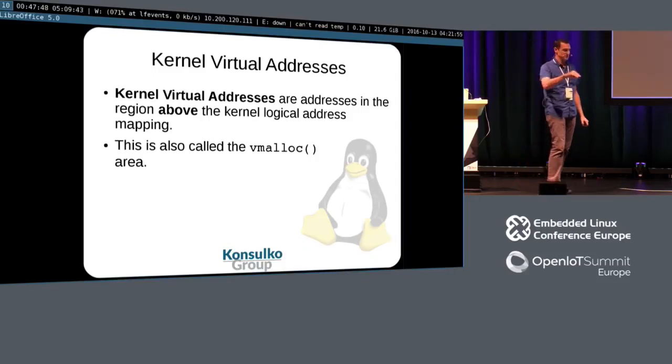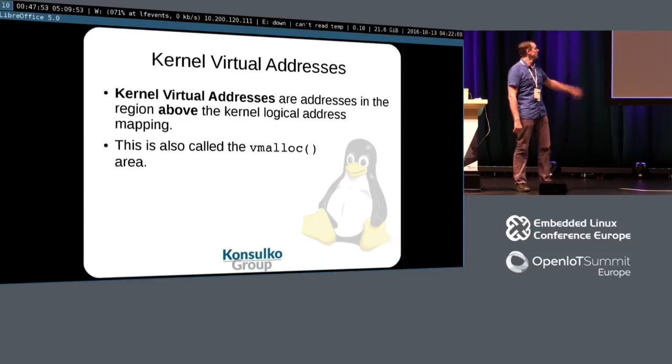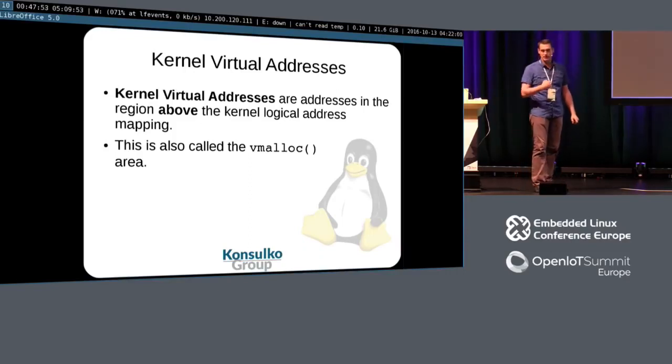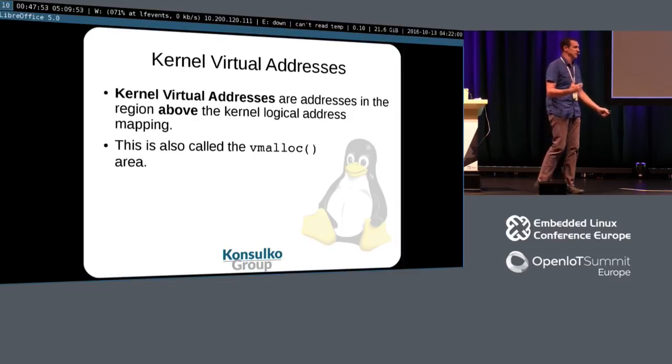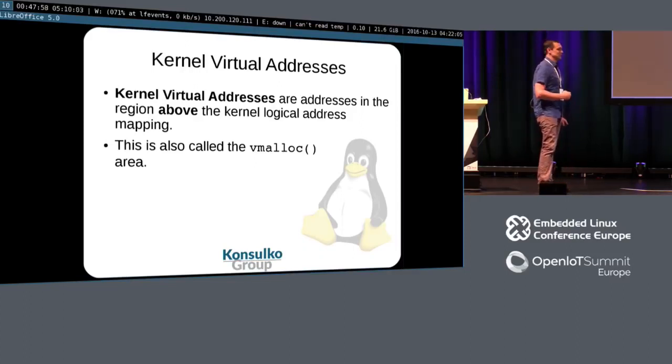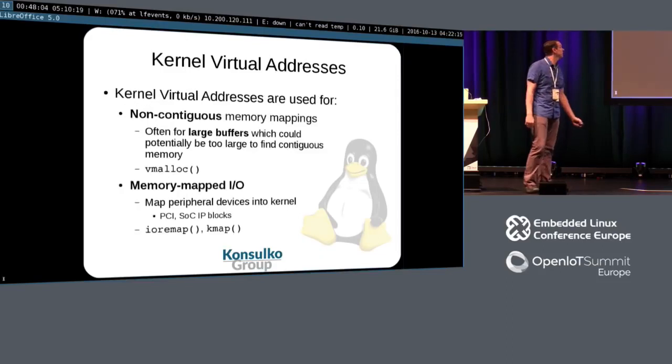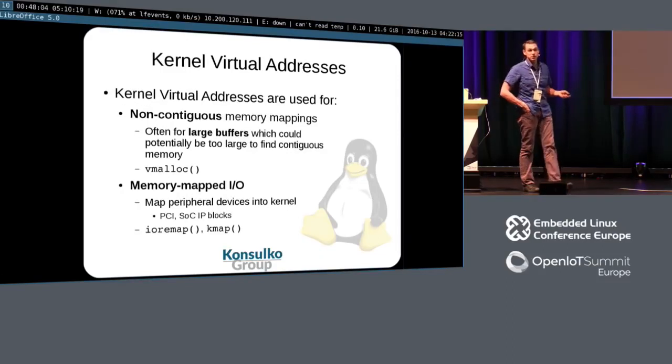The easy part was that logical set, very simple. Kernel virtual addresses, I usually call it vmalloc space, like a lot of people. That's the area above that logical range that's managed dynamically, and those are used for non-contiguous mappings.